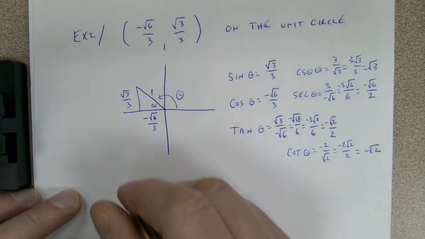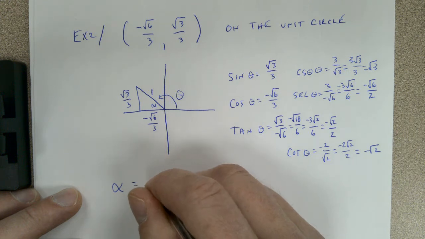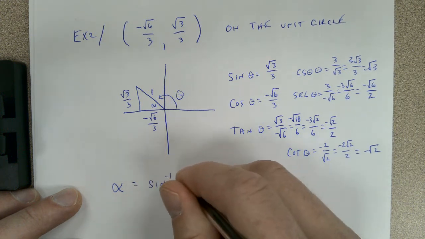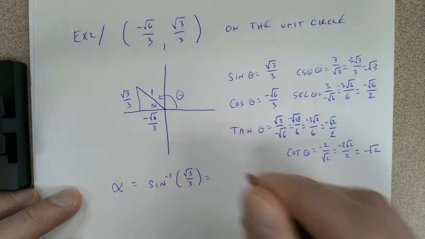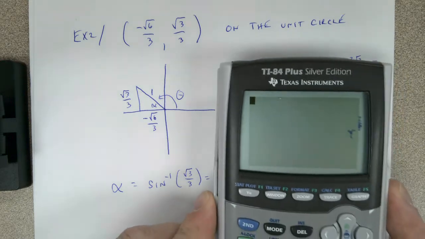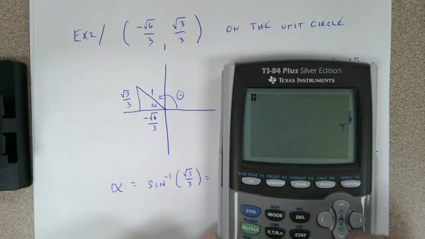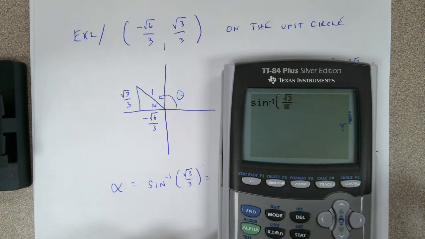We're going to go ahead and find alpha. So again, to find alpha, I'm going to do the inverse sine of radical 3 over 3. So again, I need to go ahead and use my calculator here. So I'm going to put that into my calculator. So inverse sine, we're going to do alpha, get a fraction there. So radical 3 on the top and then 3 on the bottom. Put that in parentheses, hit enter.